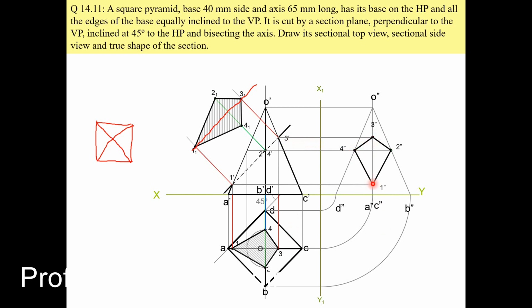In this way you have to join this first, and this portion should be dark, this portion should be dark, and these edges should be dark. Above this, this line, this line, and this line should be faint, because we are imagining that this part of the solid is cut out. And again use the hatching line.